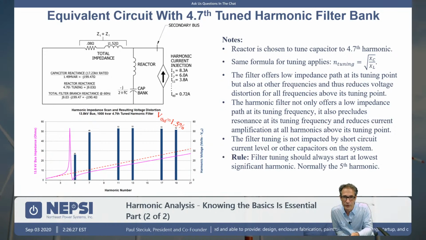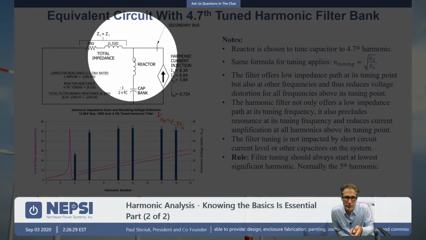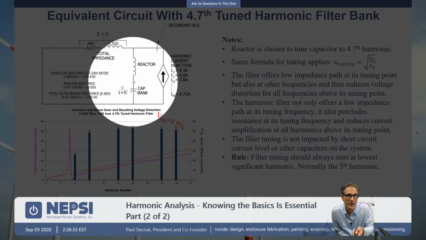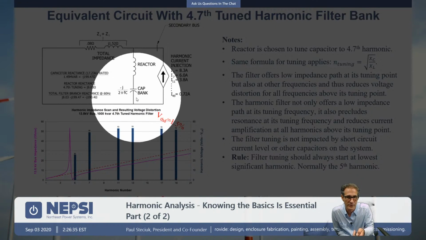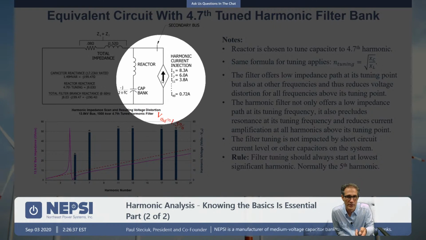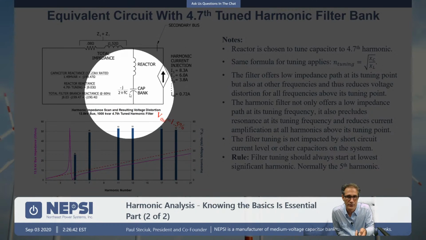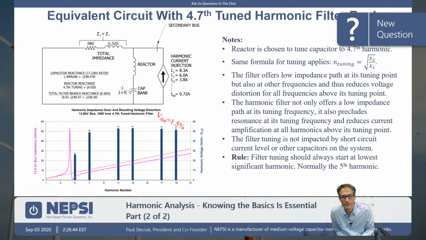Another thing we're looking to do is create a low impedance path for the harmonic. So if I tune this to 5.0, for instance, it would be basically a short circuit at 5.0. Fifth harmonic current, all of it would flow into that filter branch.